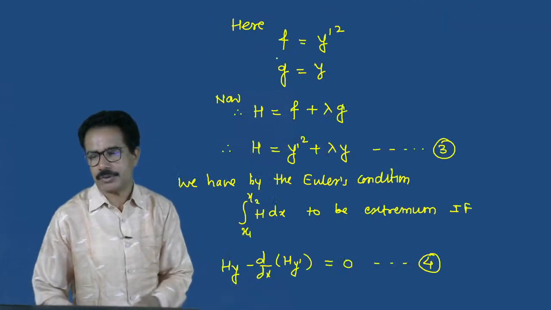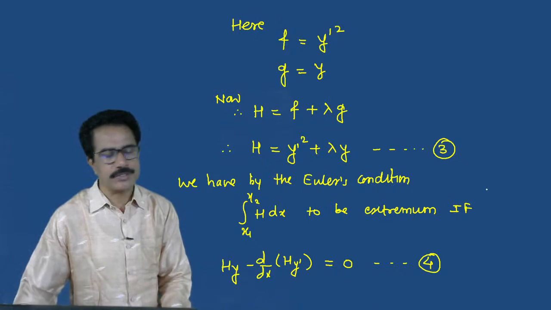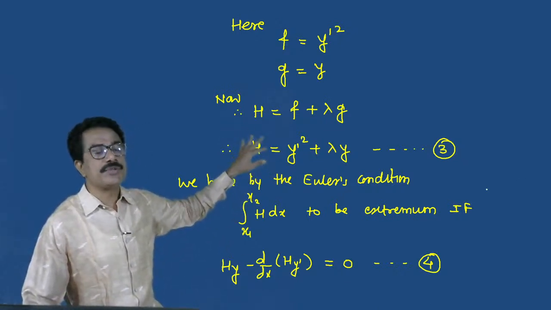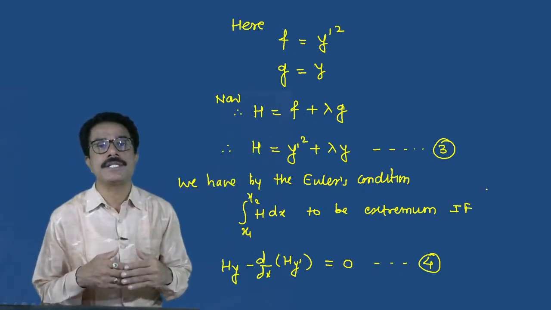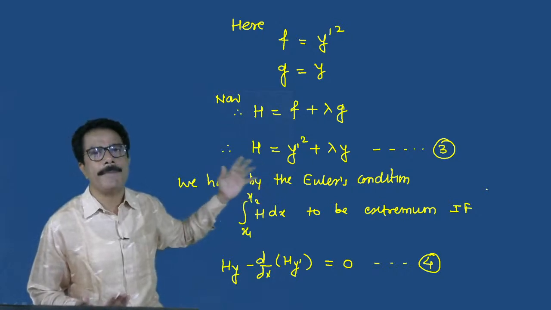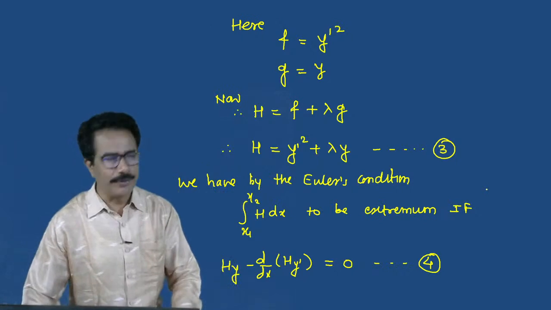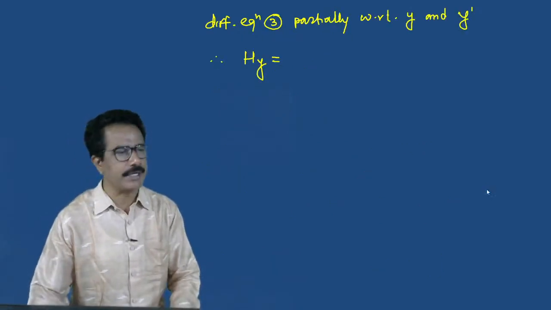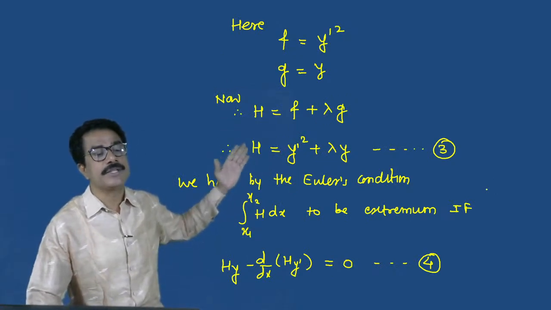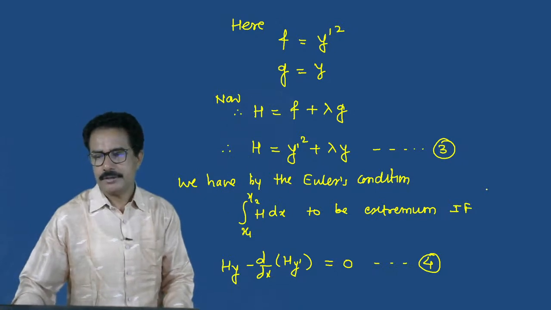How do we take the derivative of this function? Derivative of h with respect to y means h suffix y. Now you tell me what is hy, the partial derivative of h with respect to y. Everyone tell me the answer, let me see who gives what answer.